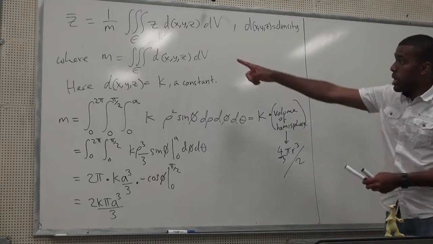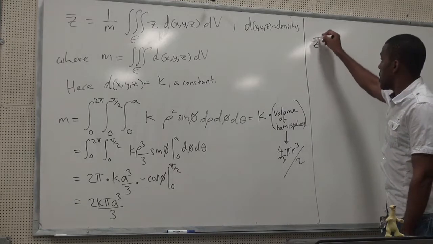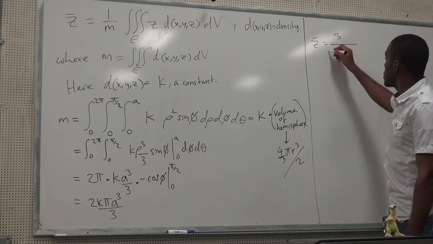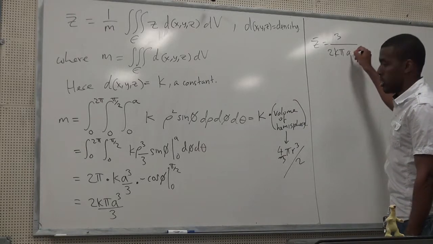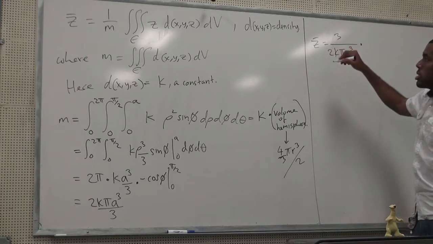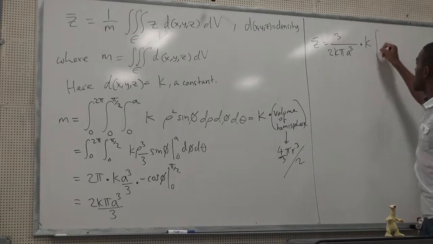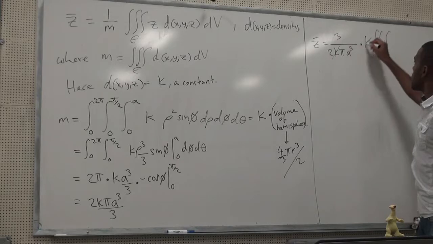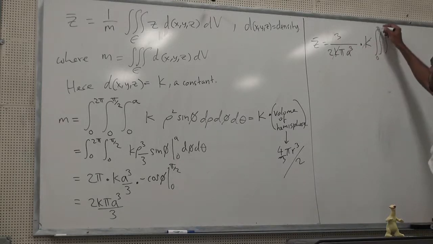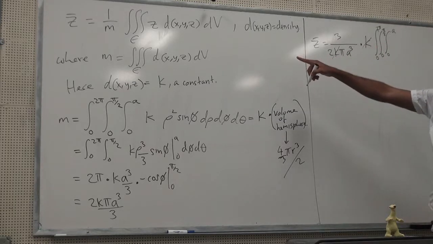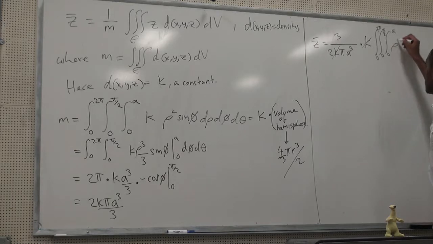So now we want to find the z bar. The z bar is just going to be 1 over that, 3 over 2K pi a cubed, times the integral with K. So the K's would cancel. Here I have 0 to 2 pi, 0 to pi over 2, 0 to a. And now I'm integrating z, which I know is rho cosine phi.